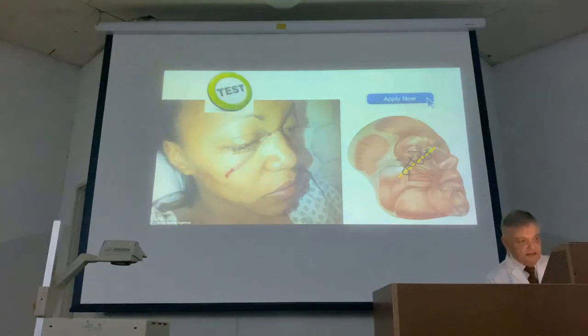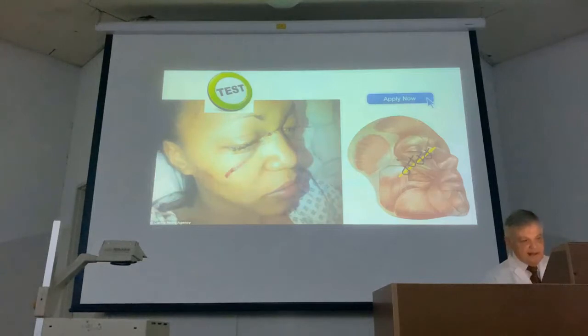Now we want to test our result of suturing. Here we are suturing part of the masseter, the zygomaticus major and minor, orbicularis oculi and levator labii superioris. So what is going to happen?